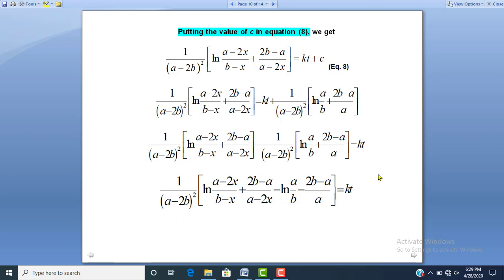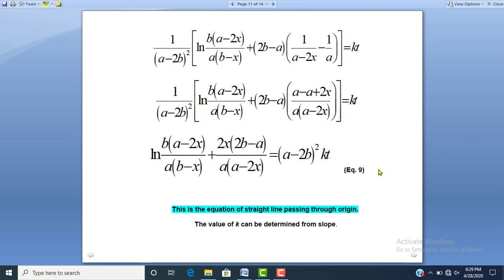Dear students, now in the next step we will simplify this equation. How? 1 over a minus 2b square, that was the common term here, into log natural b into a minus 2x over a into b minus x.